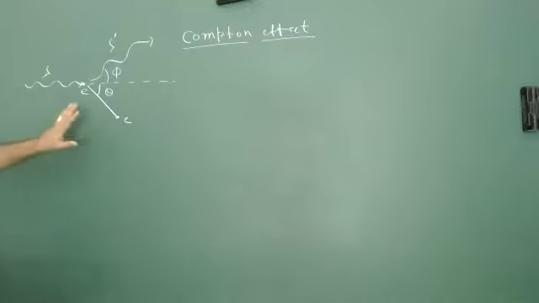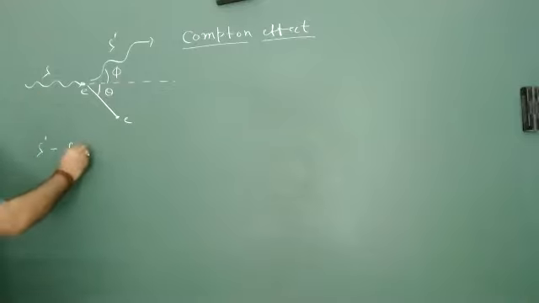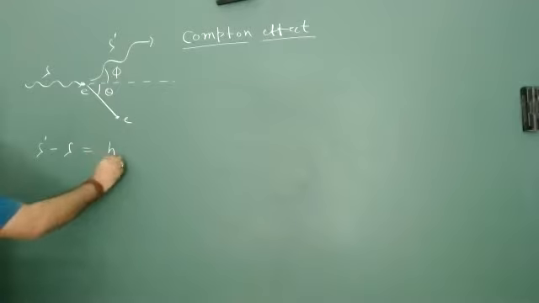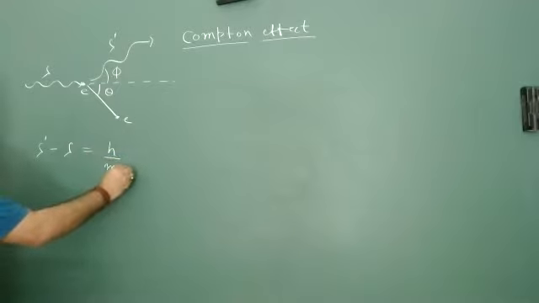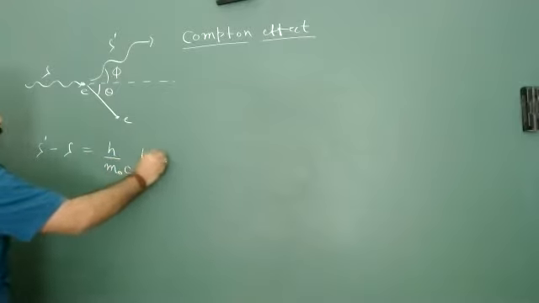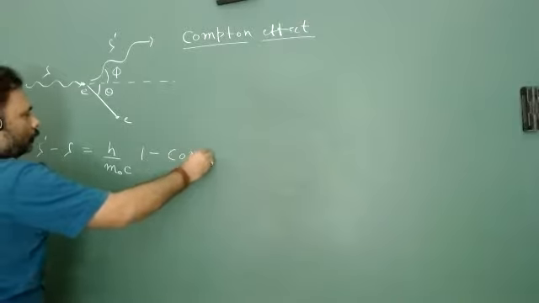So in the examination, don't say that, sir, theta was given, what should I do. So just focus on this. What we have got: lambda dash minus lambda is equal to h upon m naught c times 1 minus cos phi.